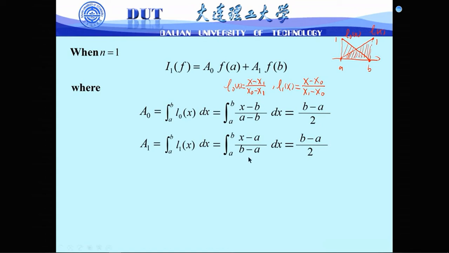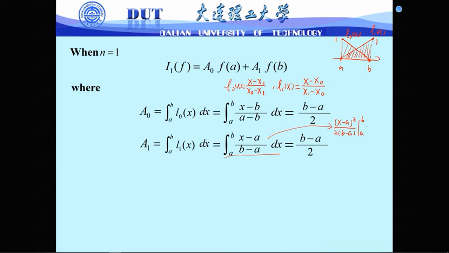Let me show you how to compute it. Okay, here by the Newton-Leibniz formula, we know its primitive function is (x minus a) squared over 2 multiply (b minus a). It's okay? This is a primitive function. Then from a to b, the function value at b minus the function value at a.